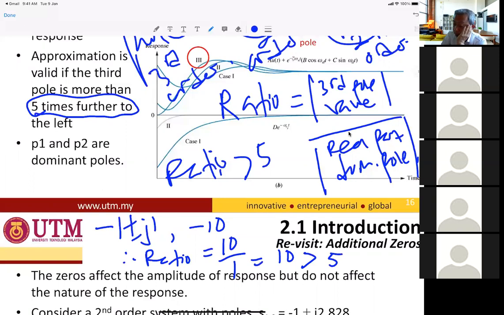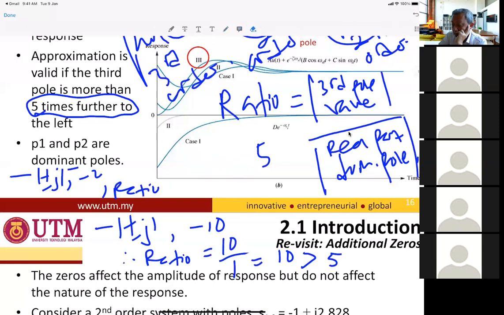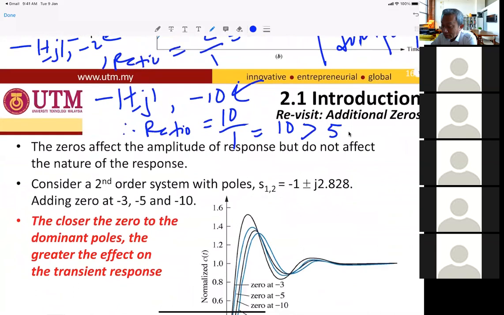But if the dominant pole is -1 plus j1 and the third pole is -2, what is the ratio? 2 divided by 1 is equal to 2, less than 5, am I right? This means the pole at -2 cannot be ignored. The pole at -10 can be ignored for second order system approximation. Clear?